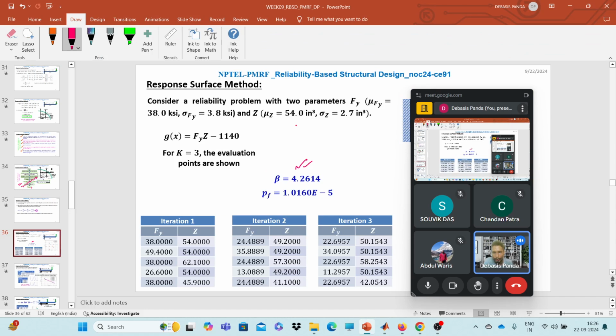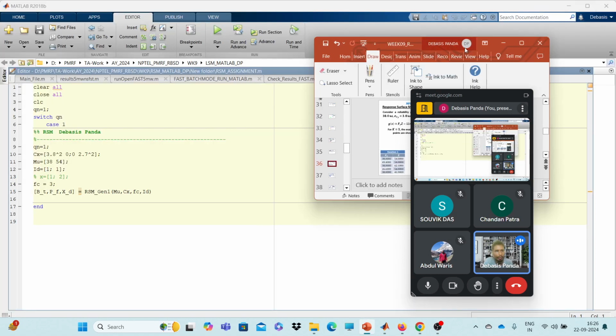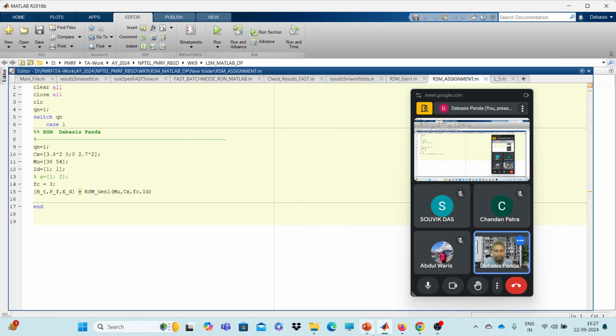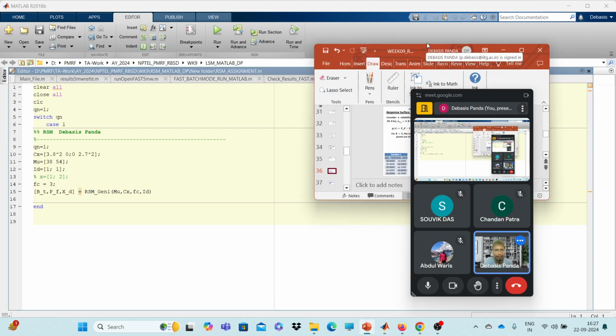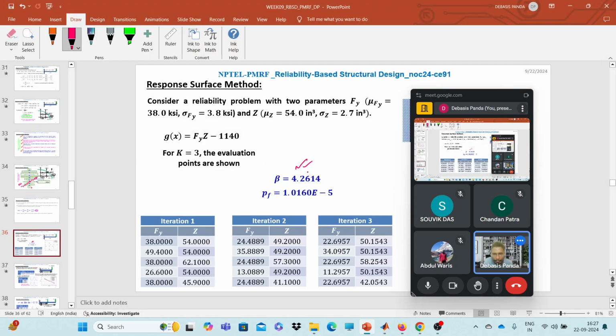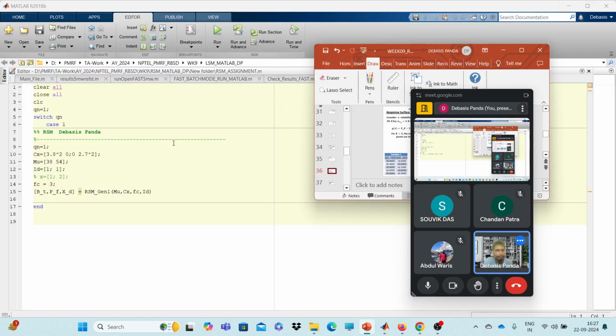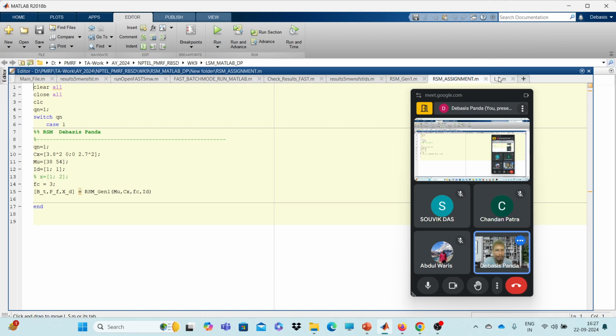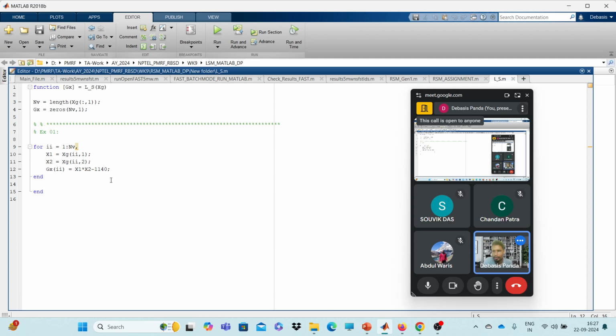We have two random variables, so we will have 2 mu values: 38, 54, 3.8, 2.7, and all are normal random variables. We need to define the limit state x1, x2 minus 1140.